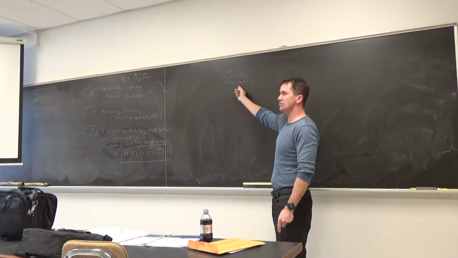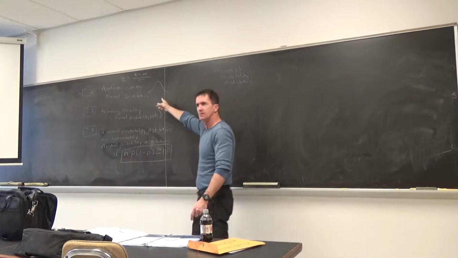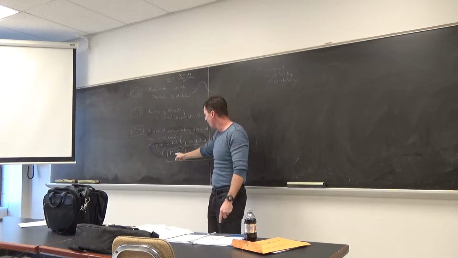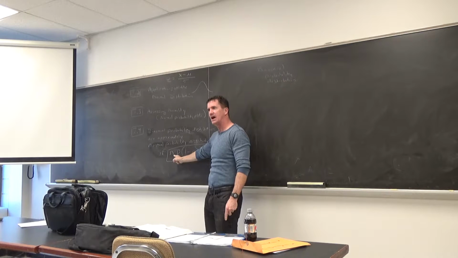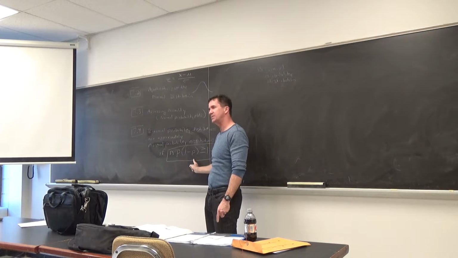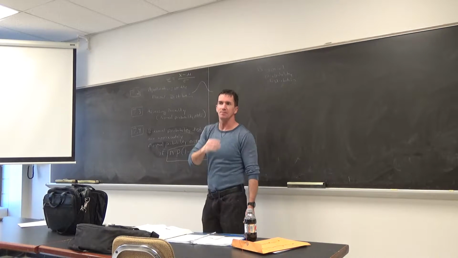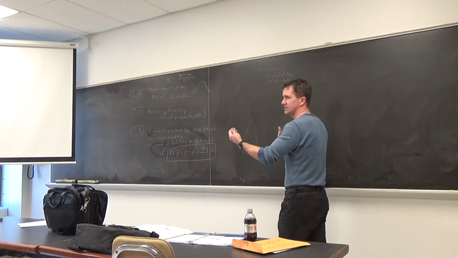Are binomial distributions bell-shaped? Yep. Are they approximately normal? They truly are, as long as n times p times 1 minus p is greater than or equal to 10. All right? So I'm just going to make up some numbers here. Here's my first example.